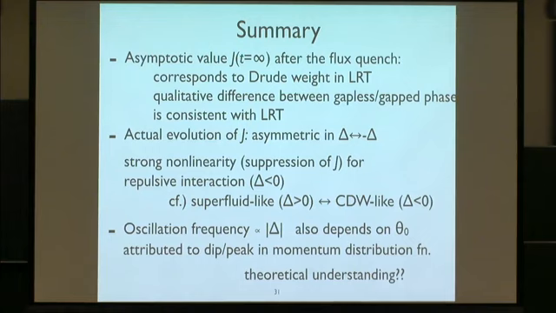For attractive interaction, the linear response theory works pretty well up to rather big amplitude. So the actual evolution is not symmetric under delta to minus delta, although the Drude weight is symmetric under the change of sign of interaction. As I said, for repulsive interaction we find strong nonlinearity, which means stronger suppression of the current.